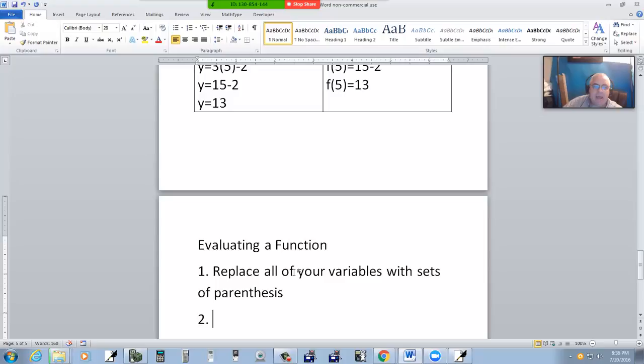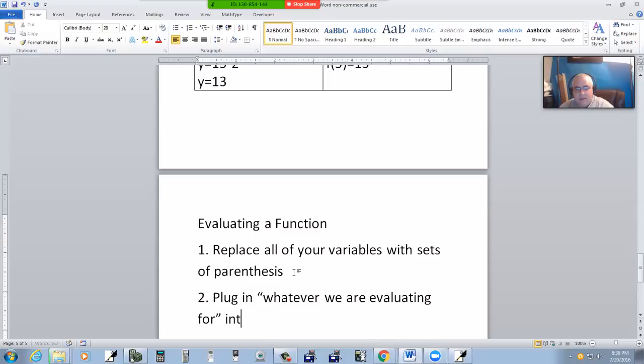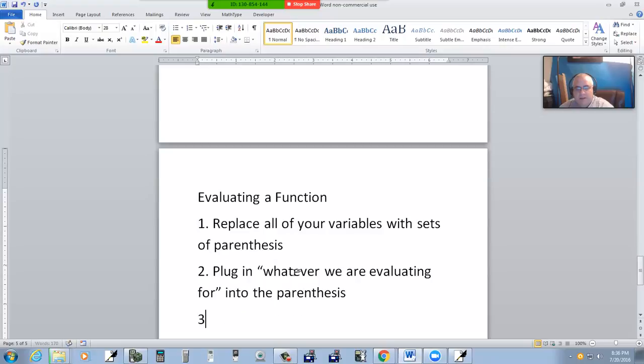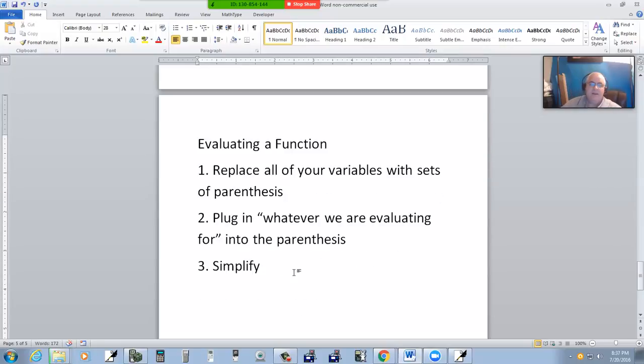So Word isn't a bad area to create a discussion post because it helps point out your errors. Sometimes it auto-corrects it for you even, depending upon your settings. Step 2. Plug in whatever we are evaluating for into the parentheses. And then step 3 is to simplify. And that's evaluating the function.